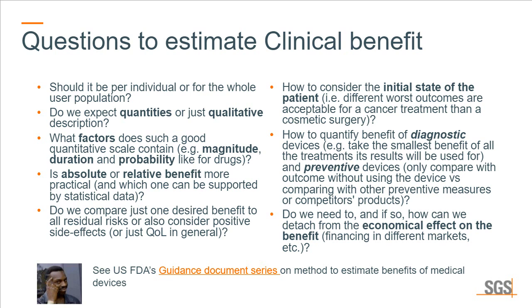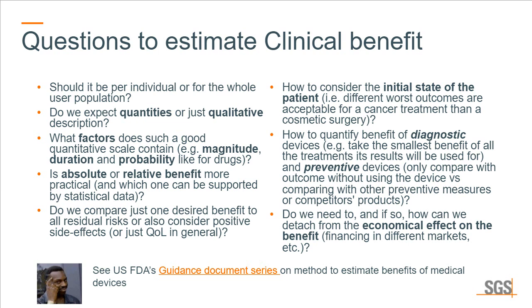The next one, do we need to, and if so, how can we detach from the economical effect of the benefit? So for example, through different financing in different markets, your device can be affordable or can reach a different number of patients. And if we project the benefit of your device to the population, then how would that factor in the different financing models, health insurance and all that?